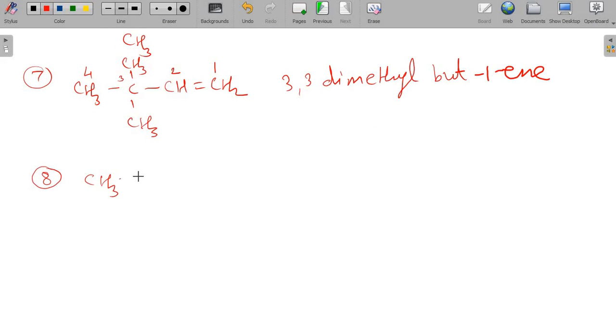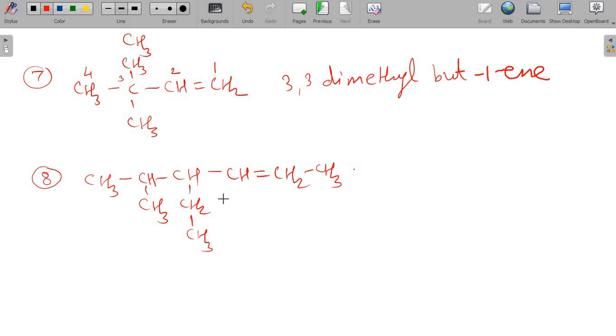So this is CH3, CH3, CH, CH2, CH3, CH double bond CH2, CH3. So what is the name of this compound? You have to give the priority to the double bond. That's why the numbering from the right-hand side 1, 2, 3, 4, 5, 6.